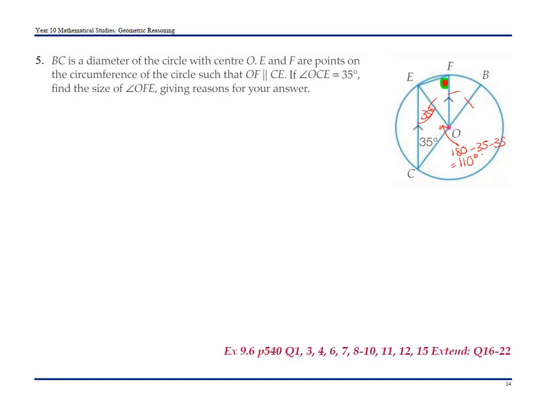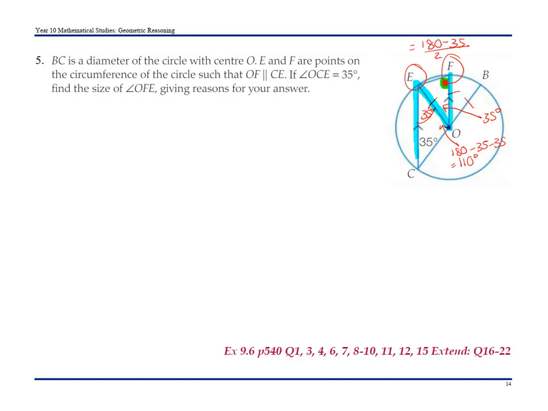Okay, using our angle properties, we have a Z here, so that means this angle in there has to be 35 degrees. So that means these two angles are the base angles of an isosceles triangle. Okay, so they have to be equal to 180 minus my 35 divided by 2.